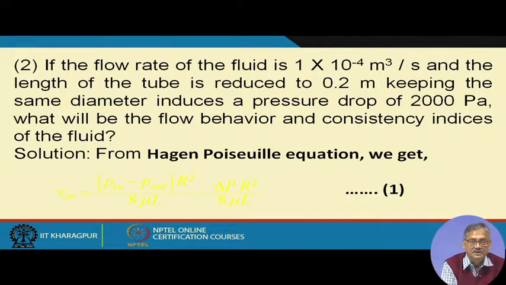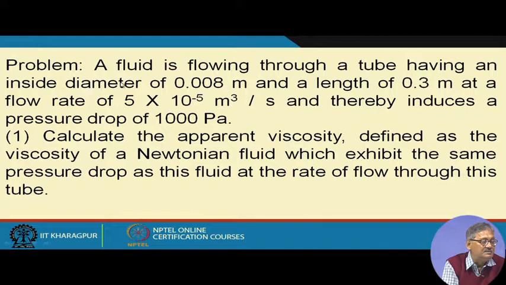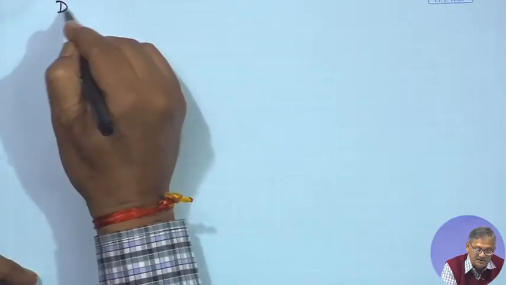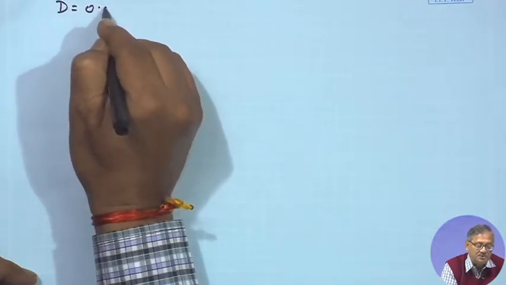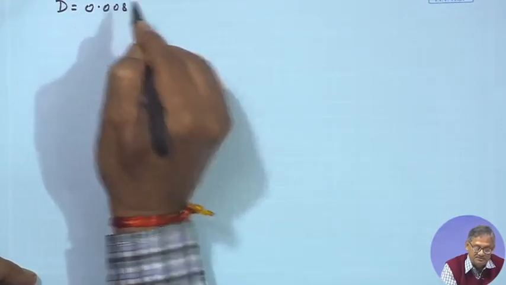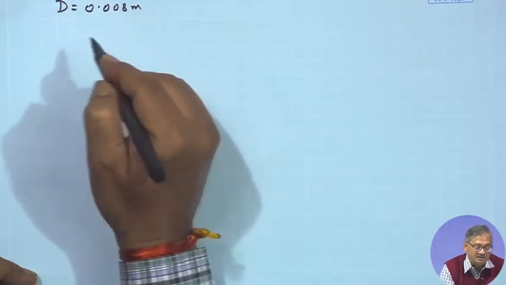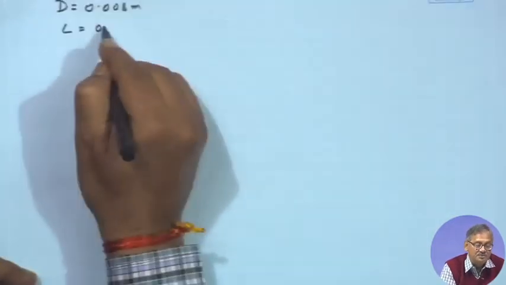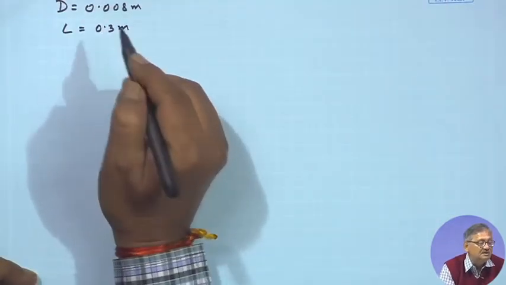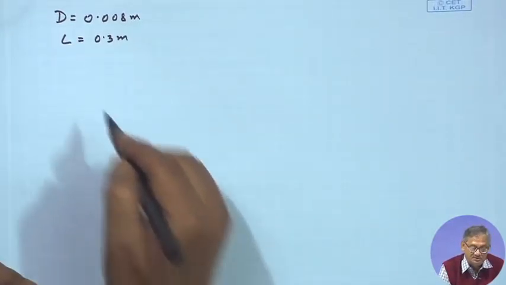So, if we reread, the problem is like this: a fluid is flowing through a tube having an inside diameter of 0.008 meter and a length of 0.3 meter. So, inside diameter D is equal to 0.008 meter and length L is equal to 0.3 meter, at a flow rate of 5 into 10 to the power minus 5 meter cube per second.